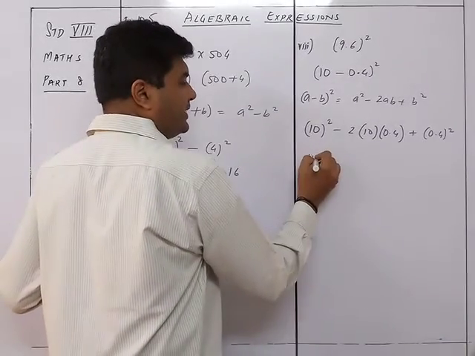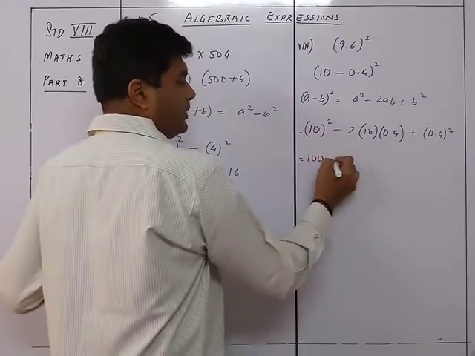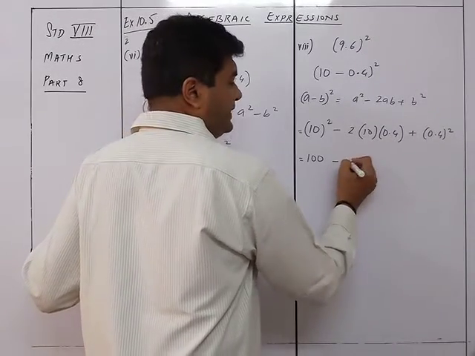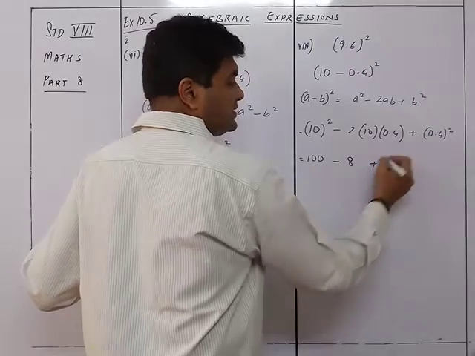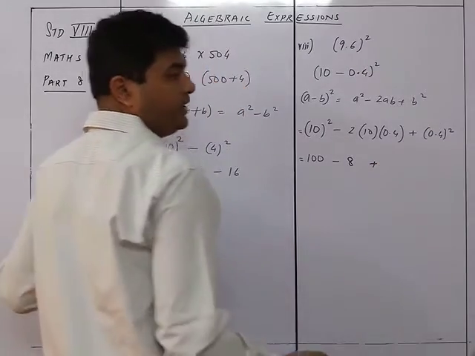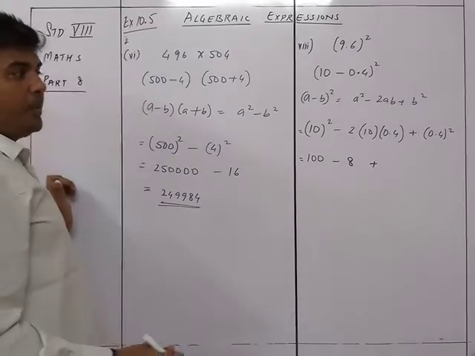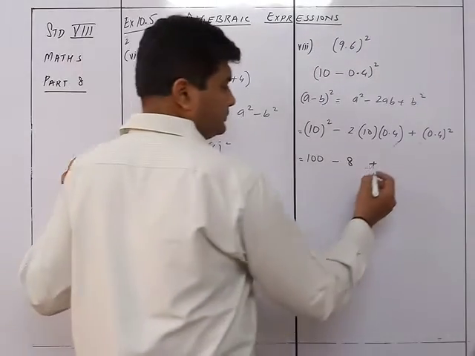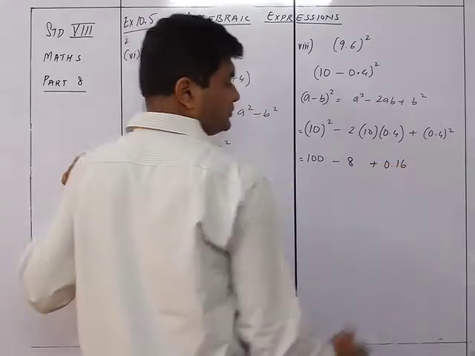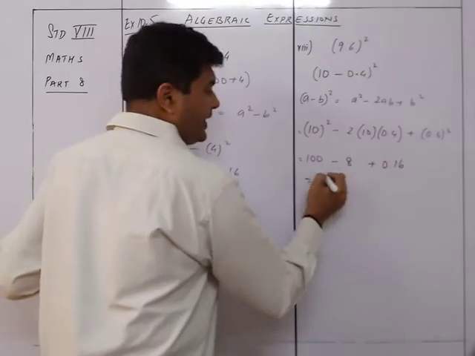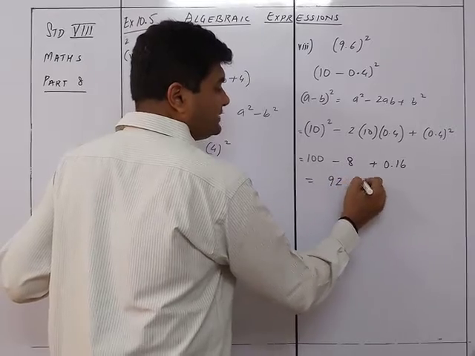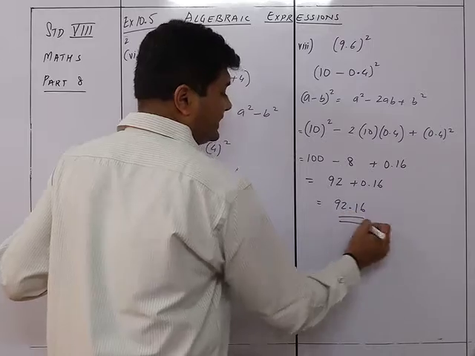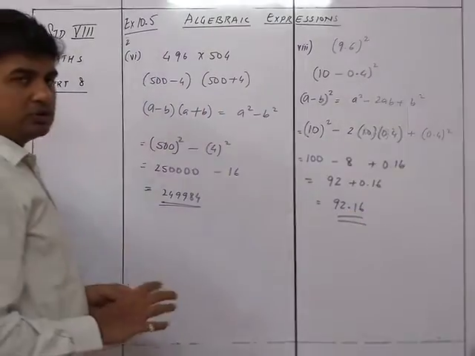10 ka square is 100, so it's 100 minus 0.4 into 10 is 4, 4 2s are 8, so it is 8 plus this is going to be 0.4 into 0.4 will be 0.16. So this gives you as 92 plus 0.16 is equal to 92.16 as the answer for 9.6 the whole square.